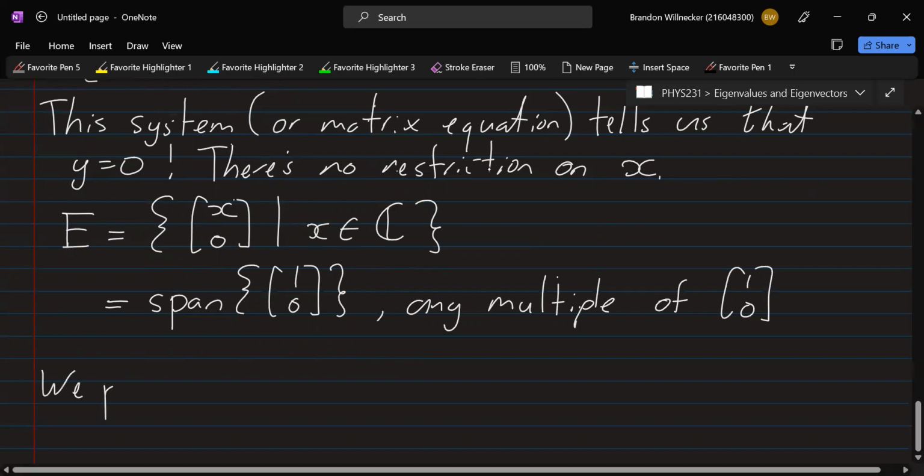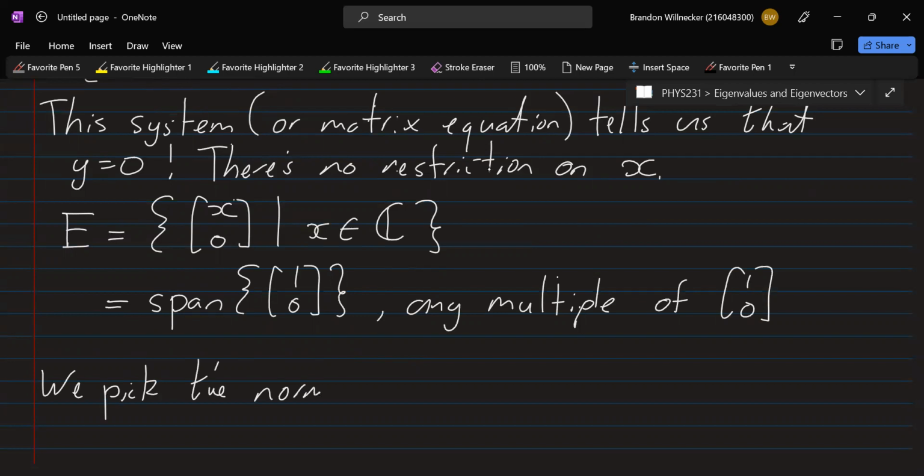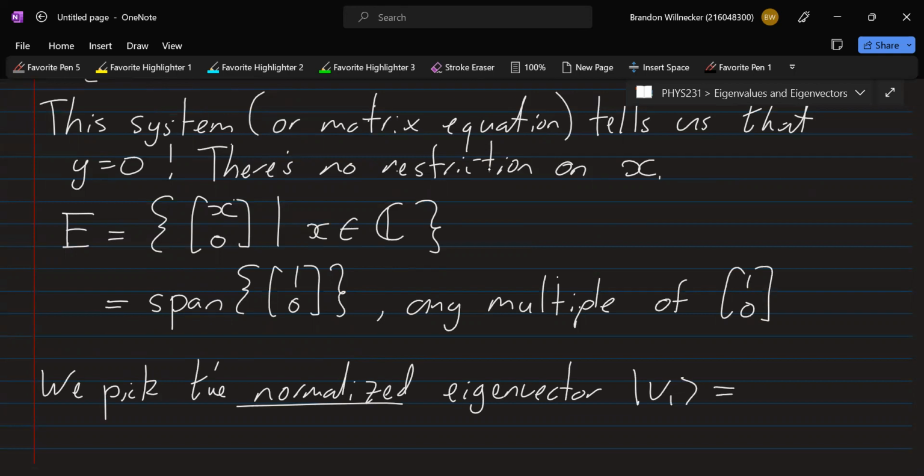So we pick the normalized eigenvector. Okay, so in this case, out of all the possible multiples, the normalized one, let's call it V1 to go with lambda 1, is just 1, 0. Okay, now 2, 0 is also a possibility, but that's not normalized, so we're not interested in that.